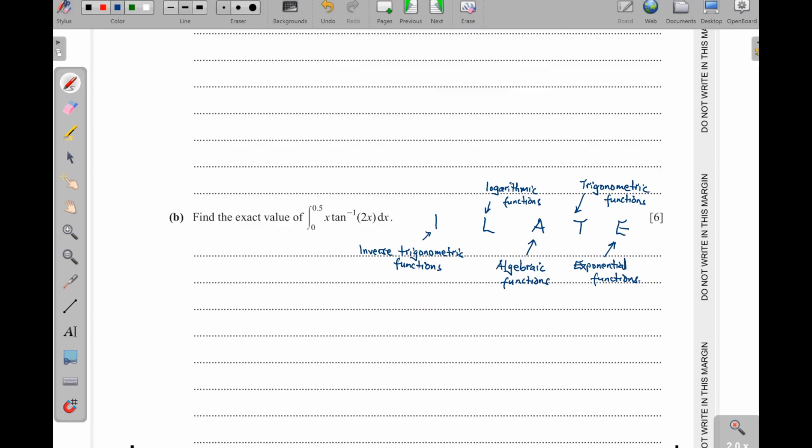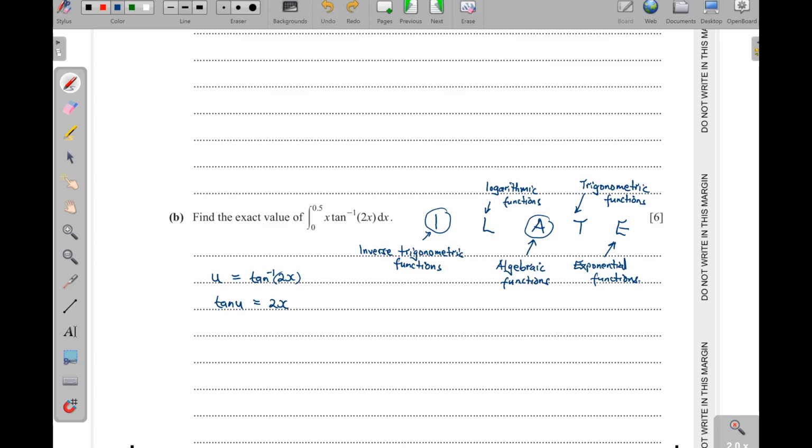So this is algebraic and this is inverse. So that means we are on this one and this one here. So inverse comes before algebraic, so we are supposed to differentiate the inverse one, okay? So u is going to be equal to the arctan of 2x. Take the tan to the other side, it will be tan u, which is equal to 2x.